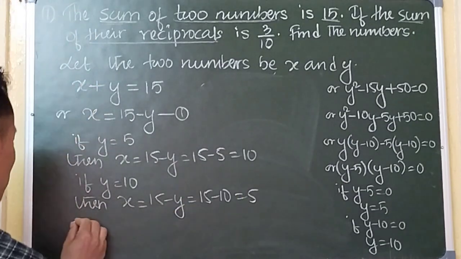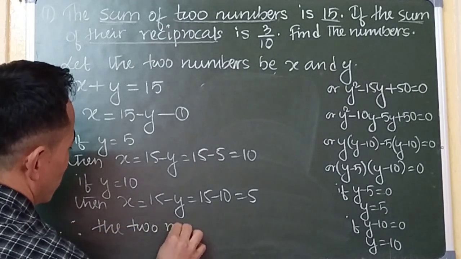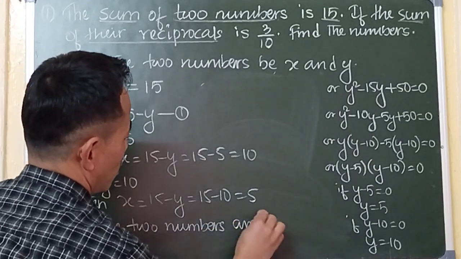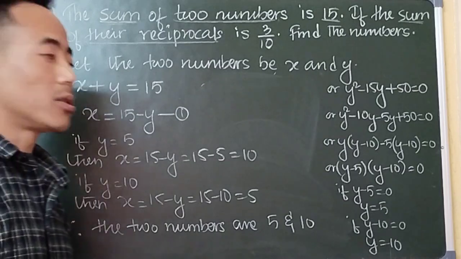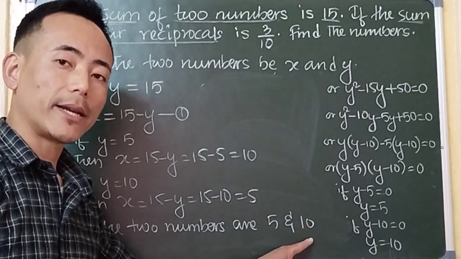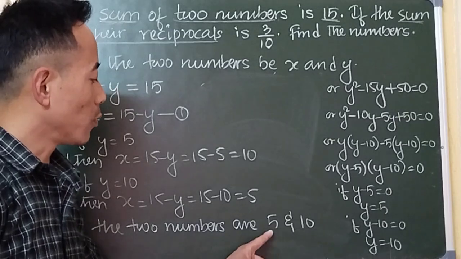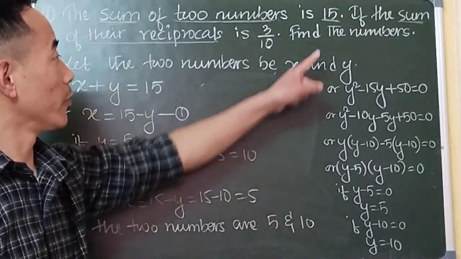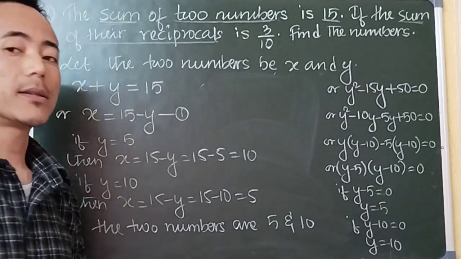Alright, so therefore you will write the two numbers are 5 and 10. So if x is 5, y will become 10. If you take x as 10, then y will become 5. So in either way, you take the value, you add, you will get 15. Alright, so that means the value that you have obtained is correct.